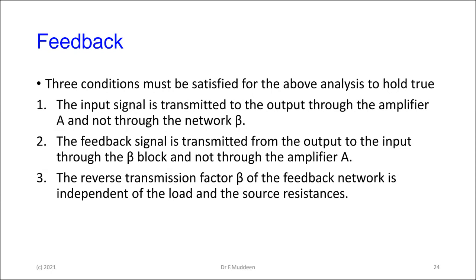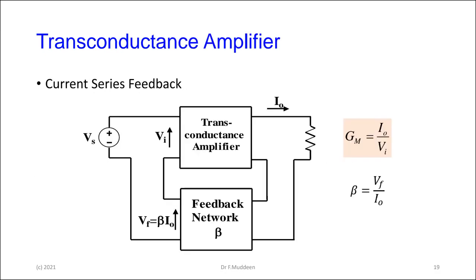Any series expression in the feedback means that we're feeding back what? Voltage or current? Anytime you see series in the feedback expression, are you feeding back voltage or current? It has to be one or the other, right?